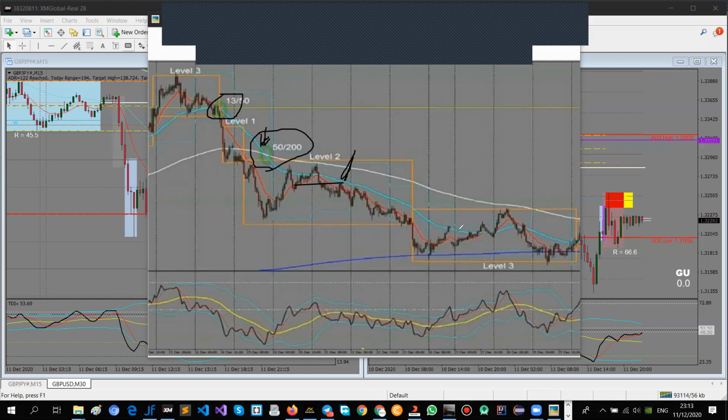The diverging, the fanning out of EMAs that we referred to in the description of the method. As you can see, there is increasing space between the EMAs. That's the fanning out. That's how we see that we're in level 3, or there is a 50 and 800 crossover, or a 200 and 800 crossover.